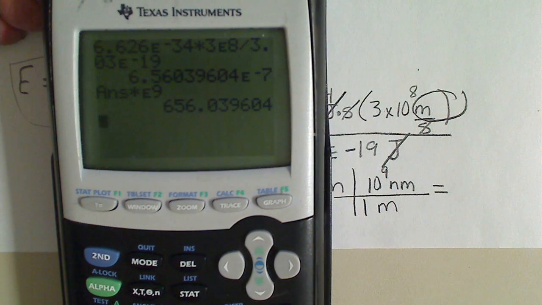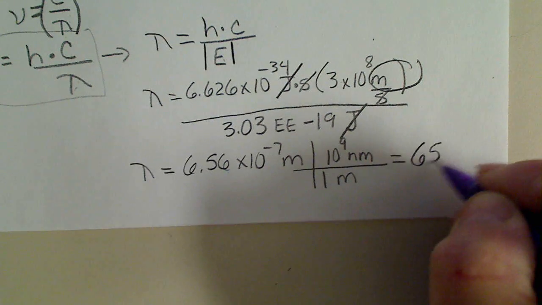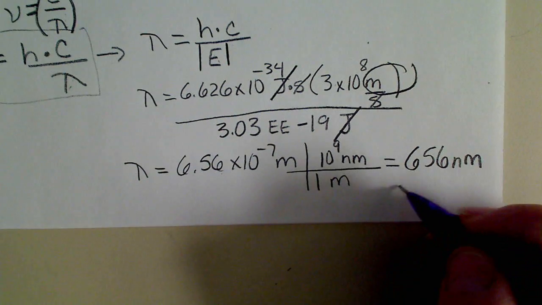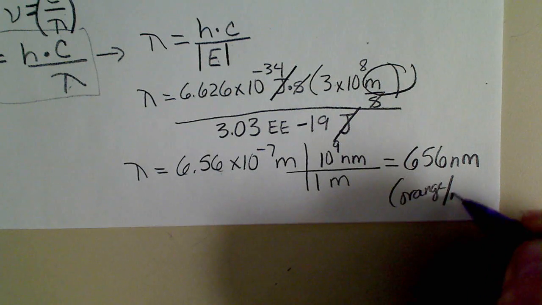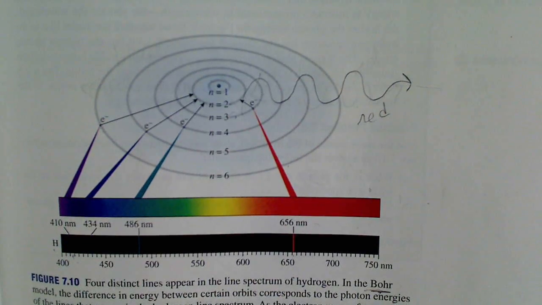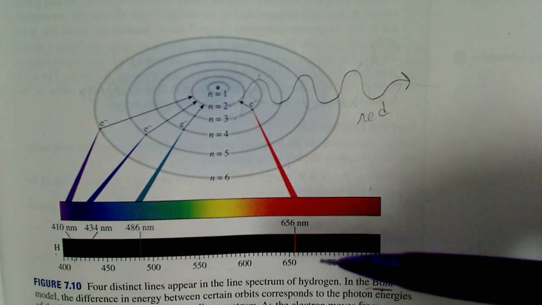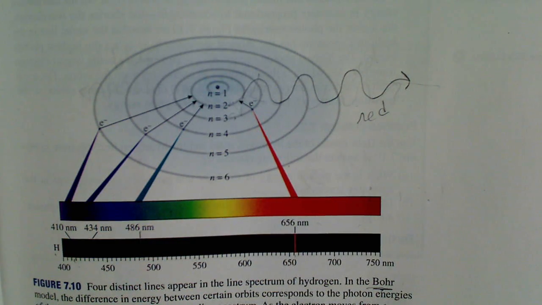So if we multiply that answer by 10 to the 9th, we'll get 656 nanometers, which does fall in the visible part of the spectrum. In fact, this is that orange-red line. And that is the line that we saw when we looked at the textbook. Bring this back, and so the line that corresponds to the 3 to 2 transition we see right here at 656 nanometers.